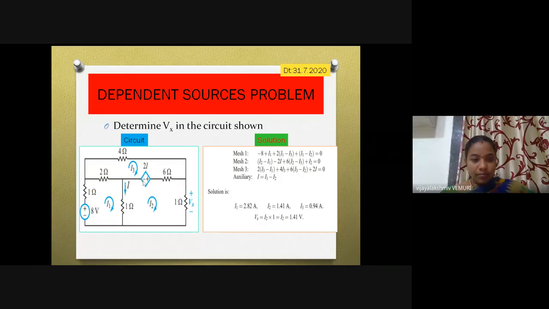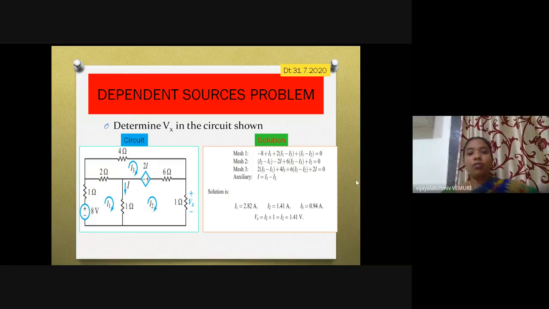You just observe that minus 2I is there in the second equation. Next, if I go like this, plus 6 into (I2 minus I3). Next, plus 1 into I2. Next, for this one, plus 1 into (I2 minus I1) is equal to 0. This is our second equation.